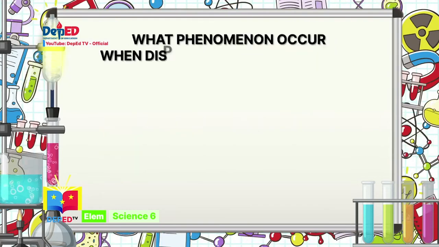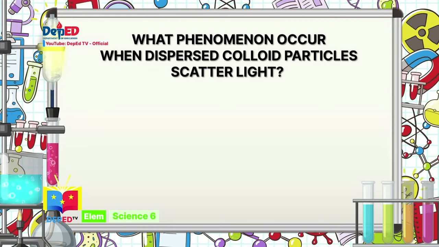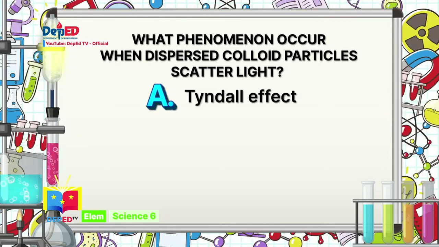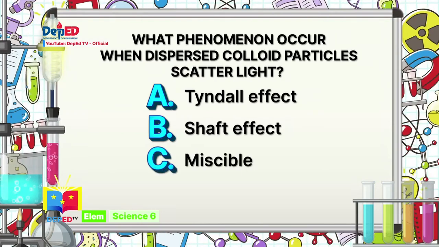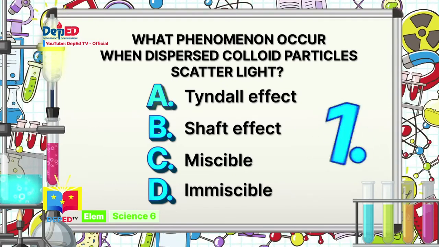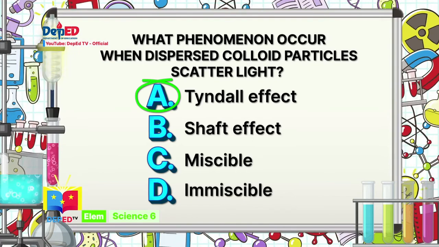Number 2. What phenomenon occurs when dispersed colloid particles scatter light? A. Tyndall effect, B. Shaft effect, C. Miscible, or D. Immiscible. The correct answer is letter A.